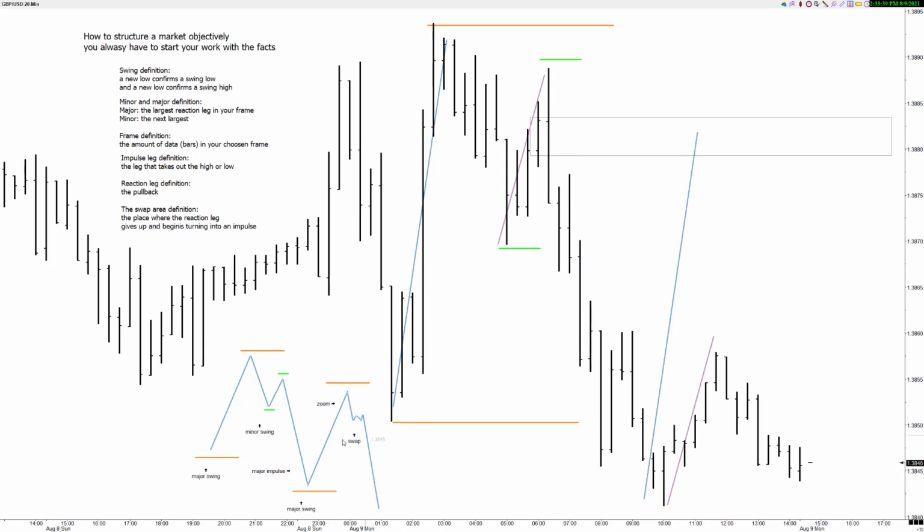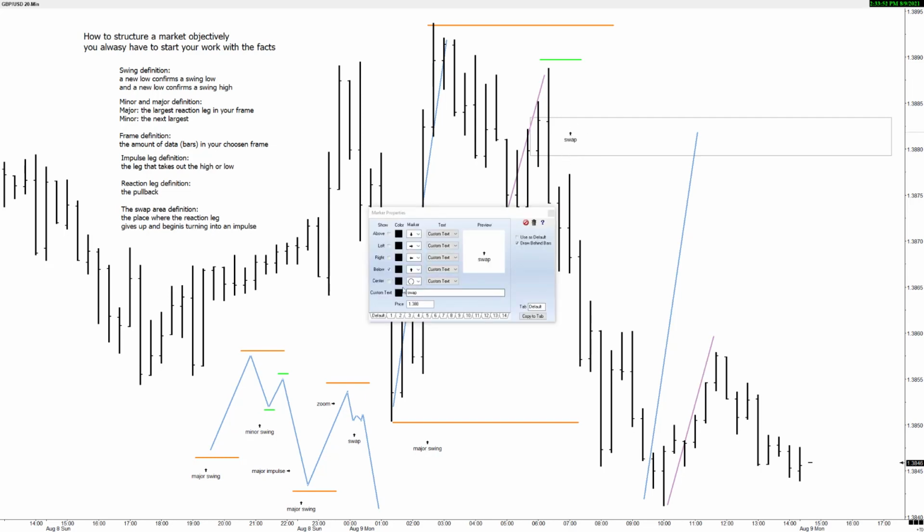So we have major swing, minor swing, and the swap.